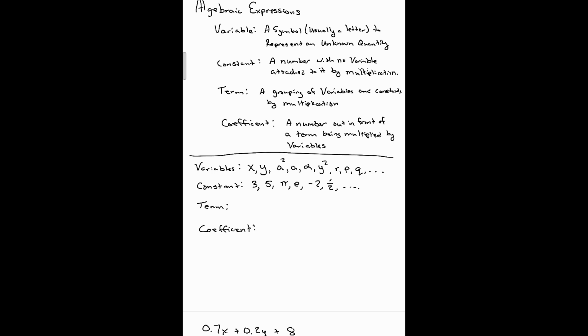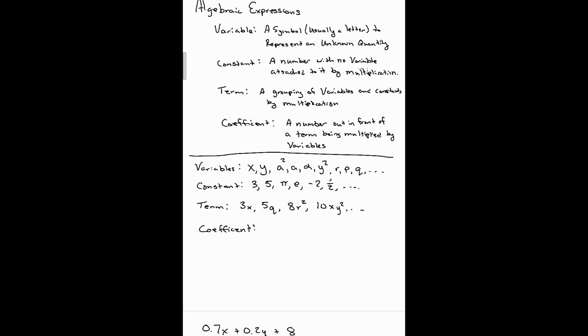A term is a variable and a constant tied together with multiplication. So an example could be 3x, 5q, 8r squared, let's say 10xy squared, stuff like that.